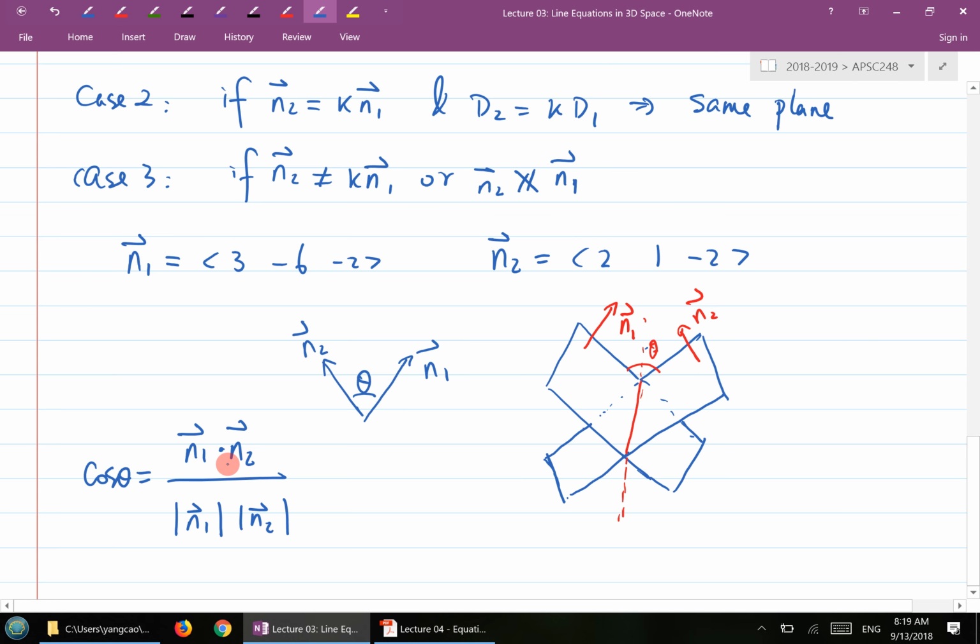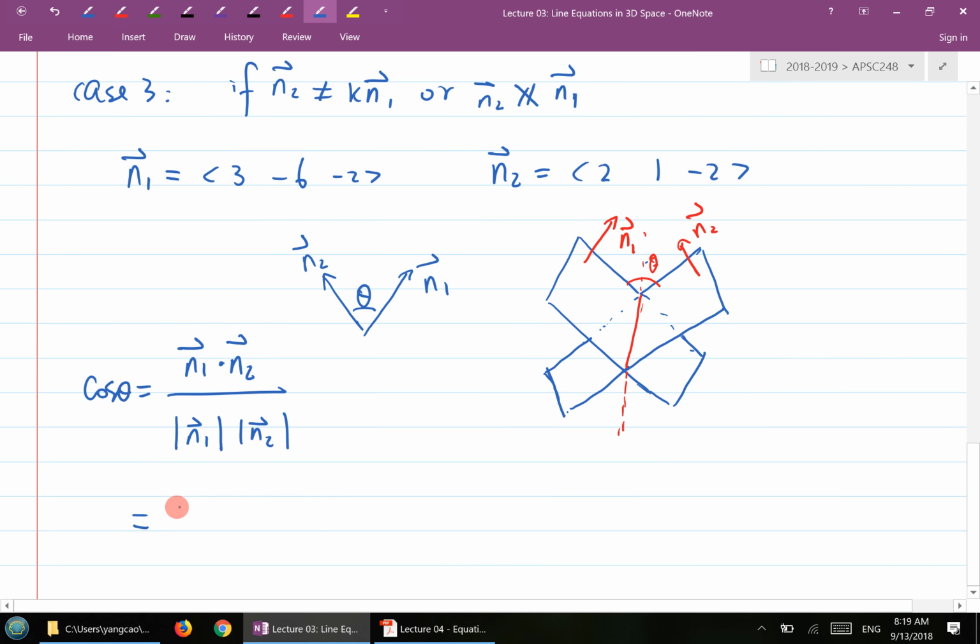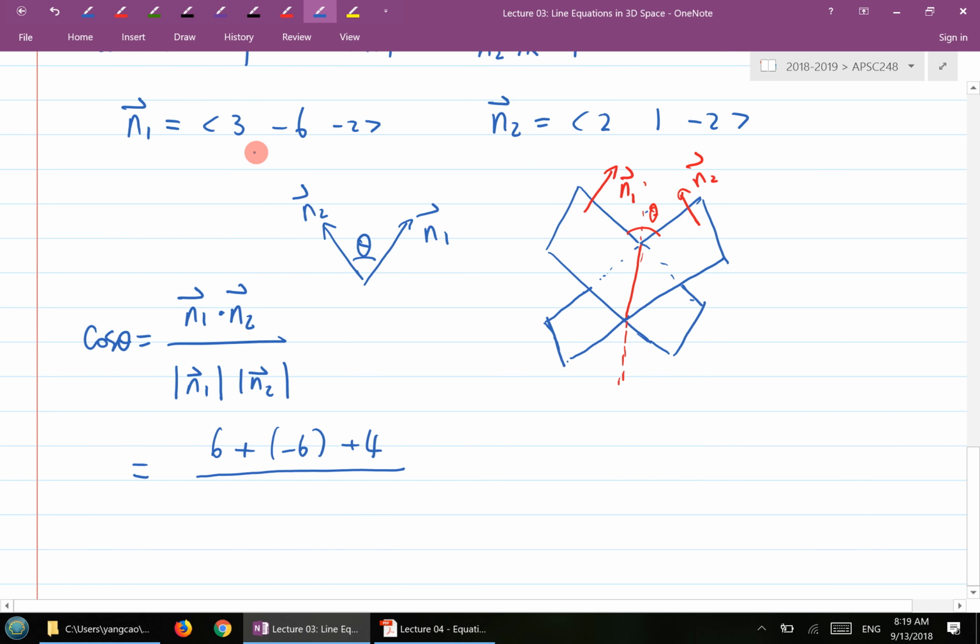The dot product itself is very simple to calculate. The top here is 3 times 2, which is 6; negative 6 times 1, negative 6; negative 2 times negative 2 is 4. That's the result of the dot product, and then divided by the lengths.